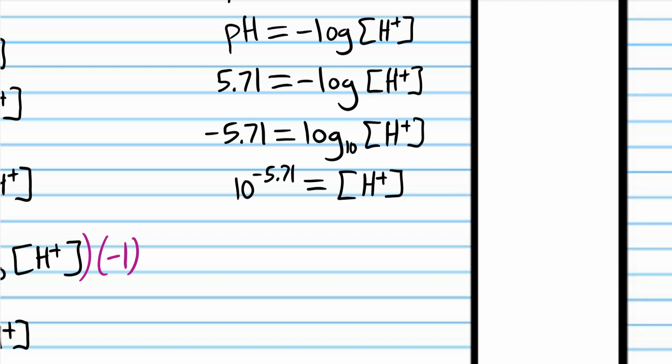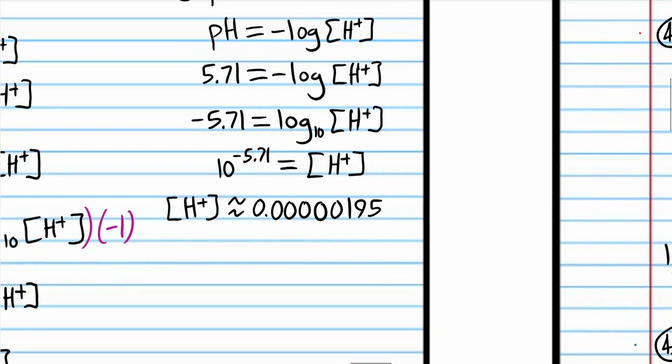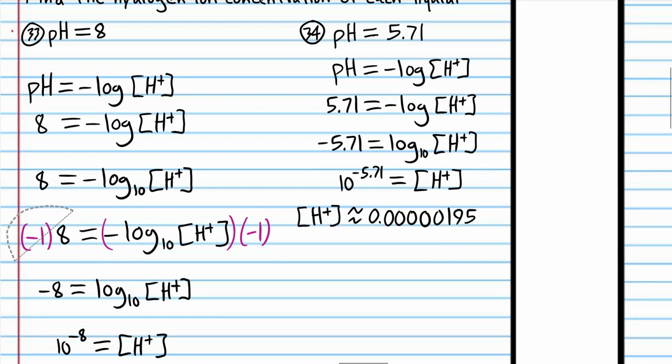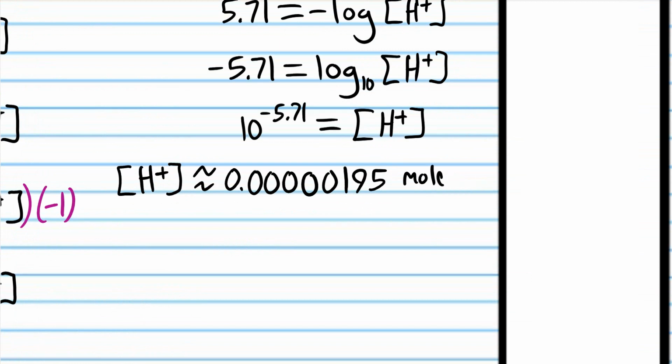And I'm going to push the 10 to the X button at the upper middle right, and I get a very small number, 0.0000195, rounded off, and that is moles per liter.